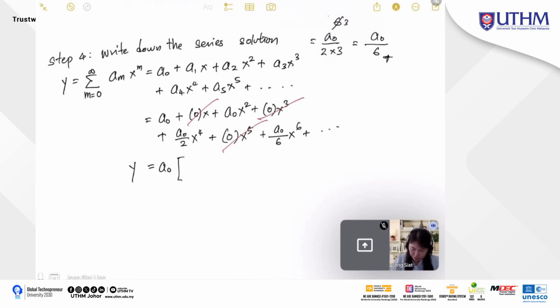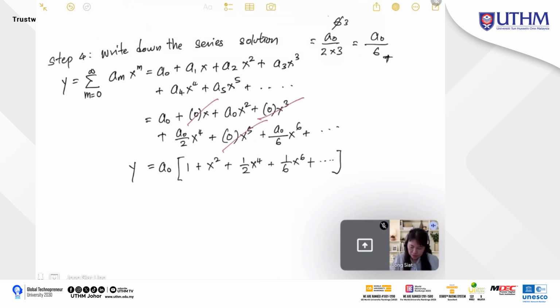You have 1 plus x squared plus 1 over 2 x power of 4 plus 1 over 6 x power of 6, and so on.